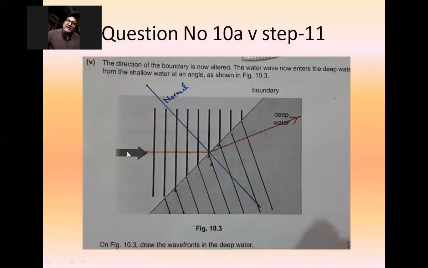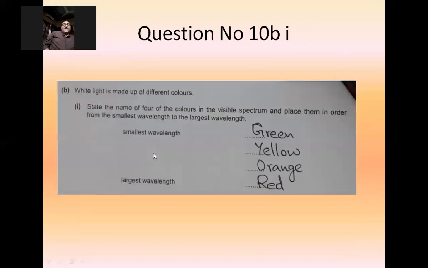So see that I have drawn it. My dear students, I hope you can see how we have drawn those wavefronts. This is how you draw those wavefronts, and I hope you have understood. Okay, so let's move to the next question.